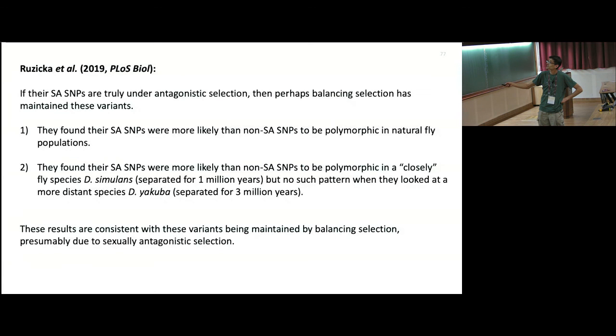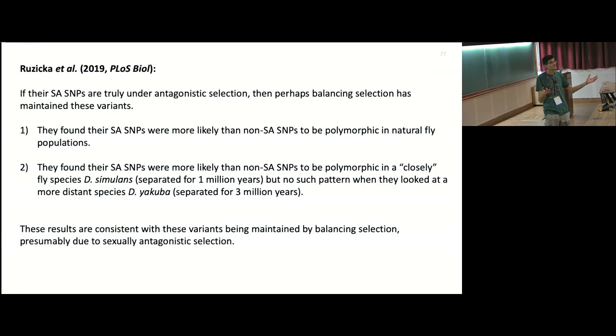So that's a little vignette into this area of sexual antagonism. From these kinds of experiments and this first GWAS-y kind of approach to it, the experiments certainly seem to indicate that there's evidence of this kind of variation.